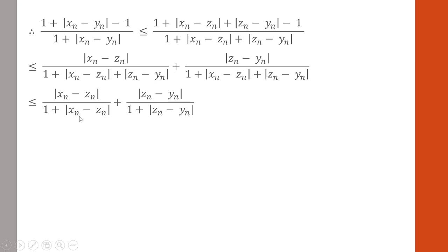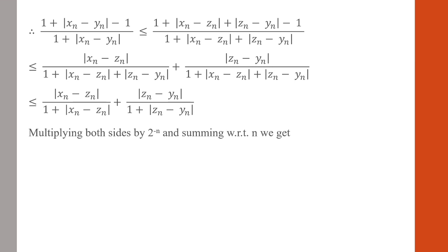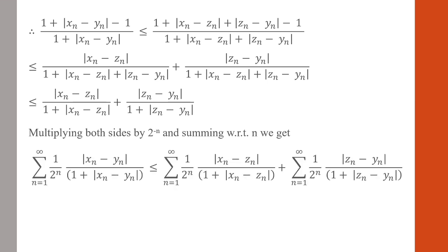But now we have to multiply both sides by 2 raised to minus n, that is 1 upon 2 raised to n, and sum with respect to n.